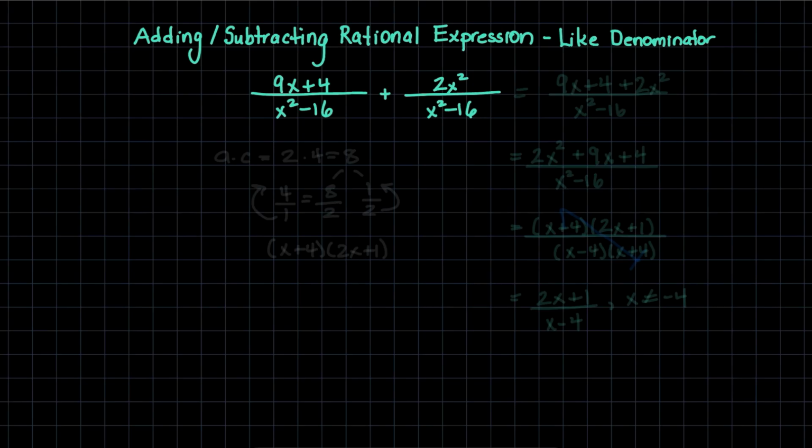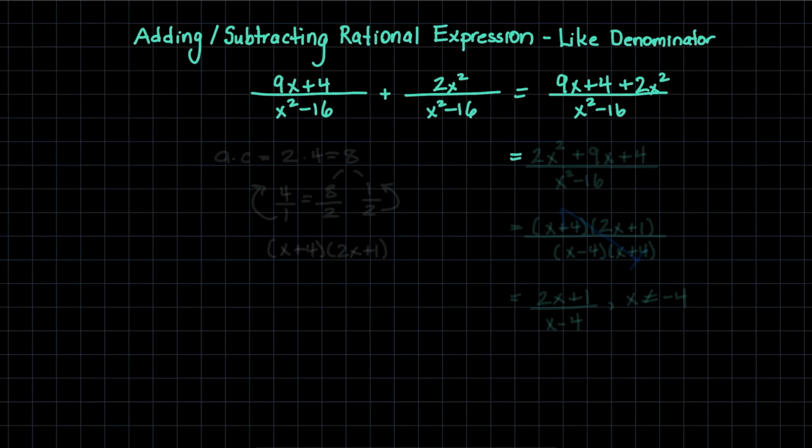Okay, we're adding two fractions, same denominator, which means we're just adding up some things that have the same sized equal parts, which means we can just add the numerator straight across. 9x plus 4 plus 2x squared all over x squared minus 16.